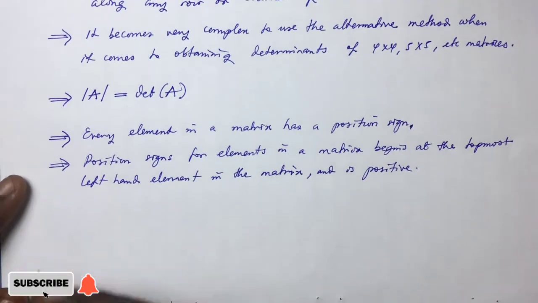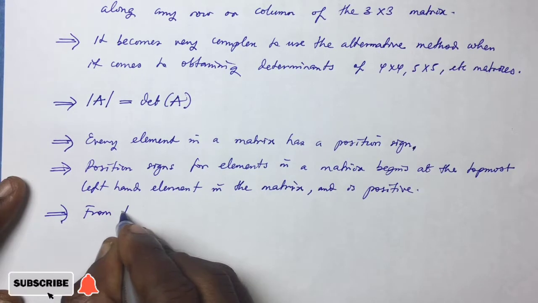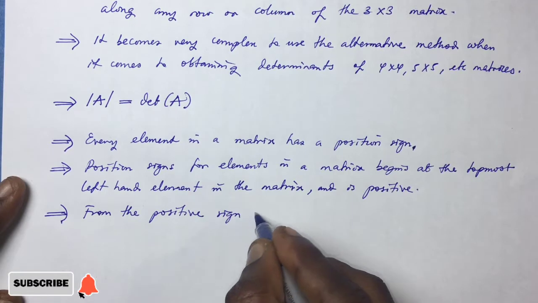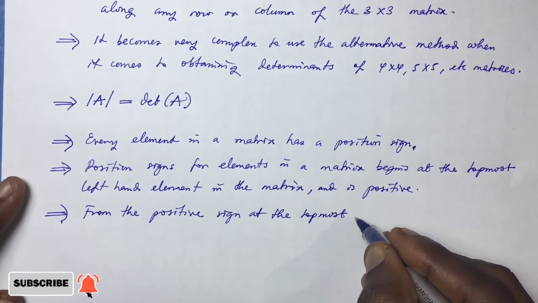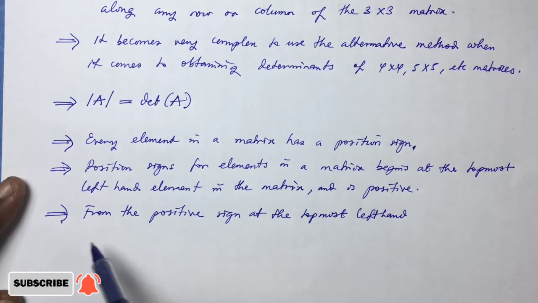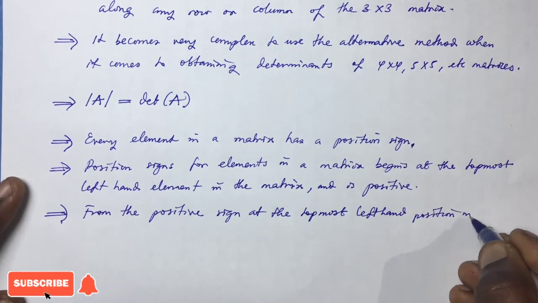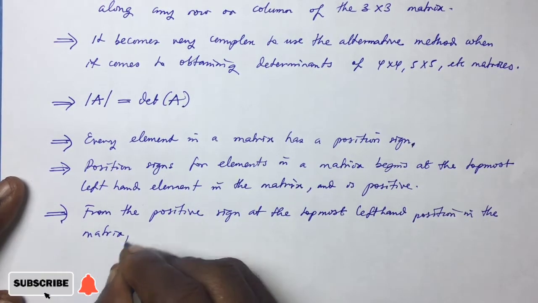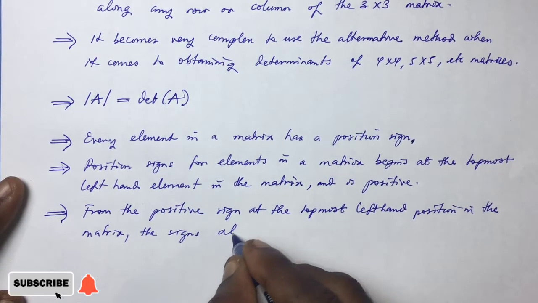So please take note again. Then the next thing I want to say is that from the positive sign at the topmost left hand element, or the topmost left hand position in the matrix, the signs alternate.